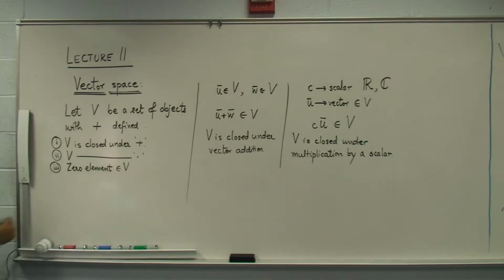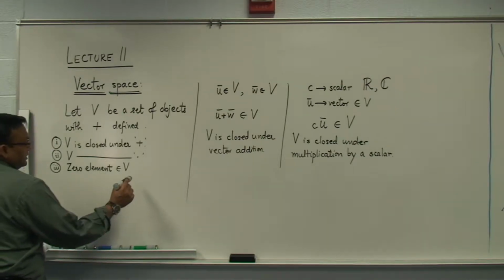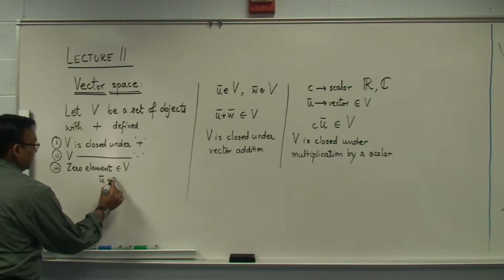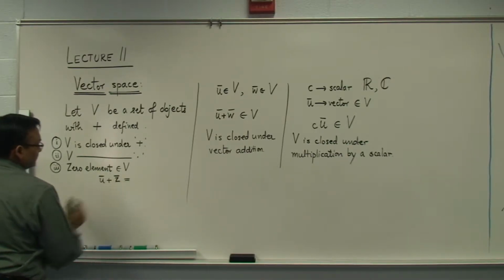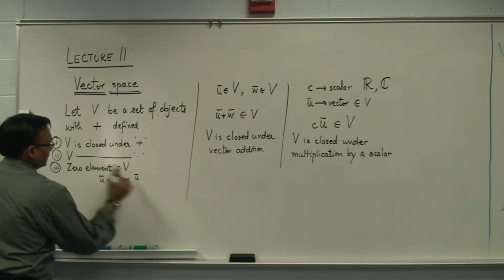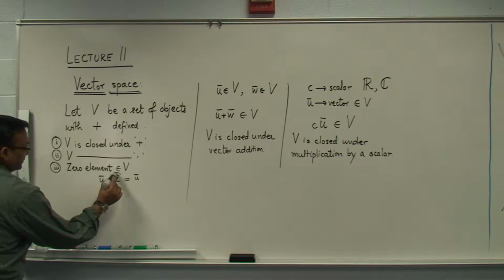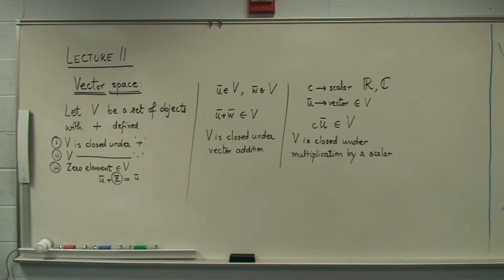What it means is that I have an object in this set such that if I take that object and perform an addition to any of my objects, I will recover my object. So this acts like what 0 acts as in numbers. So we will call this the zero element.